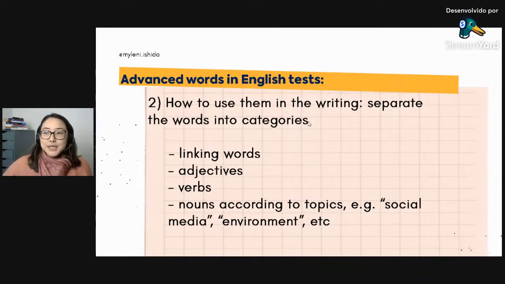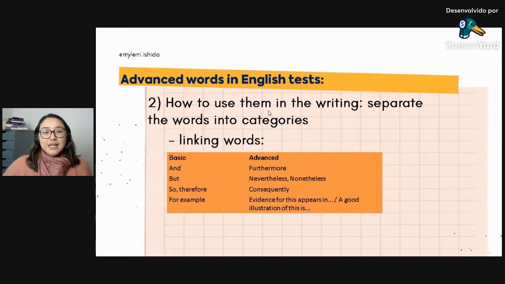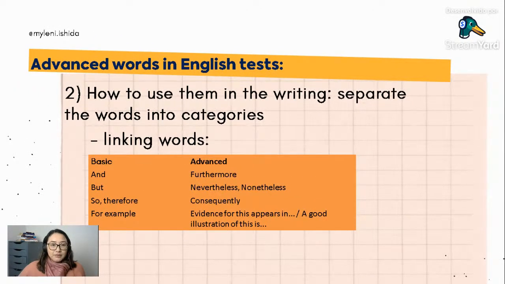Okay? And this is what we are going to see now, the linking words that are more advanced. Take a look at this list that I have here. On the left, I have basic linking words. On the right, I have advanced.